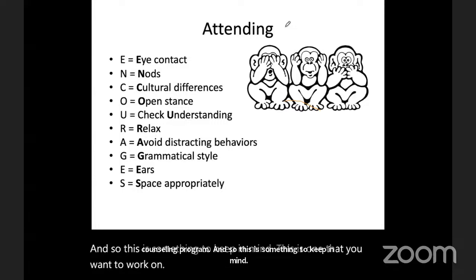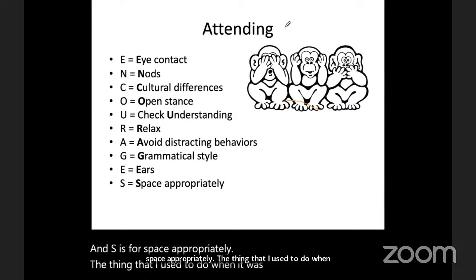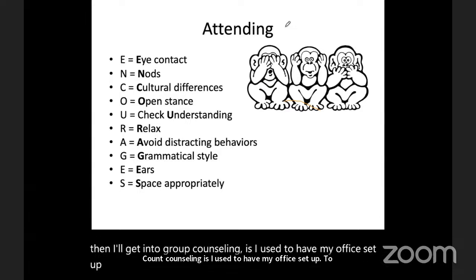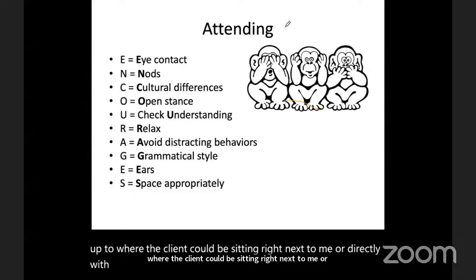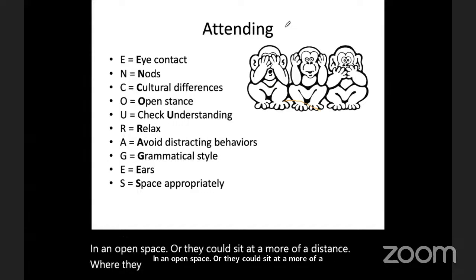And S is for space appropriately. The thing that I used to do in individual counseling, and then I'll get into group counseling, is set up my office so that the client could sit right next to me in an open space, or at more of a distance, or where there's a barrier between us, like a desk.